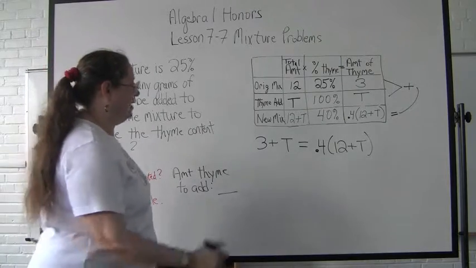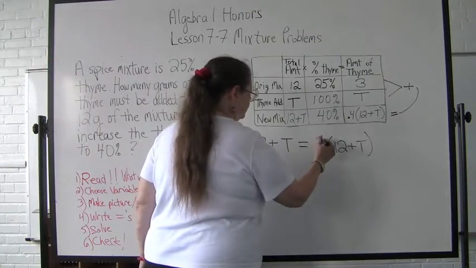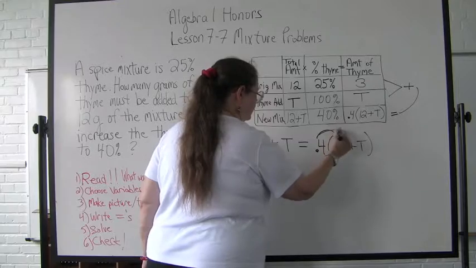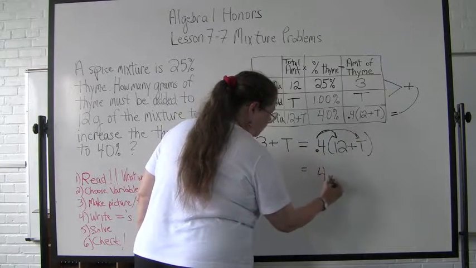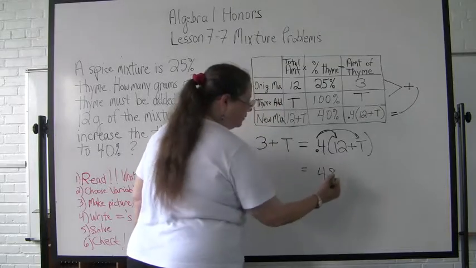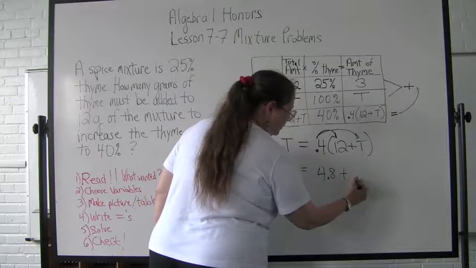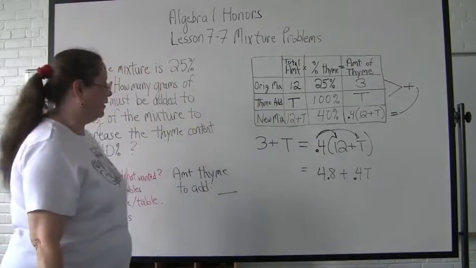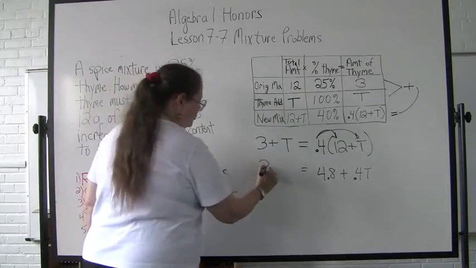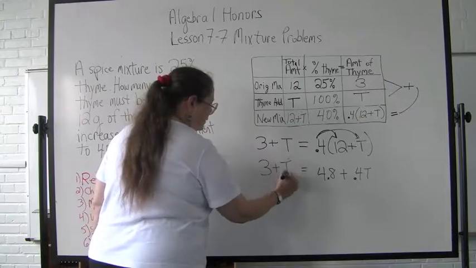Now we have to distribute here, and we get 4.8 plus 0.4t. And on this side we still have 3 plus t.